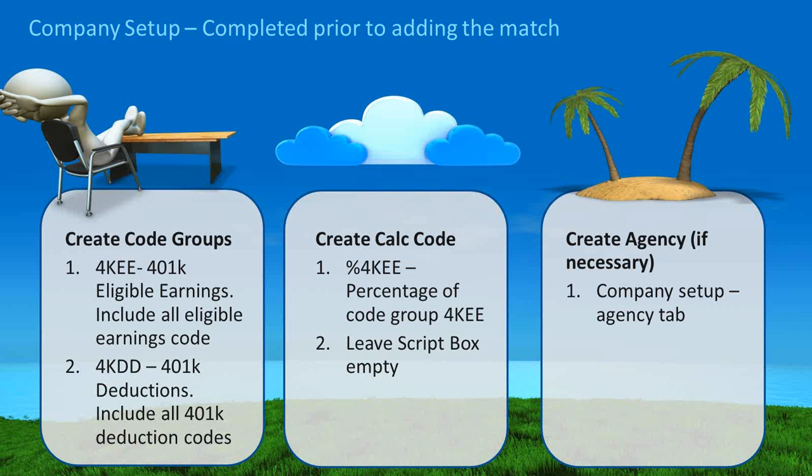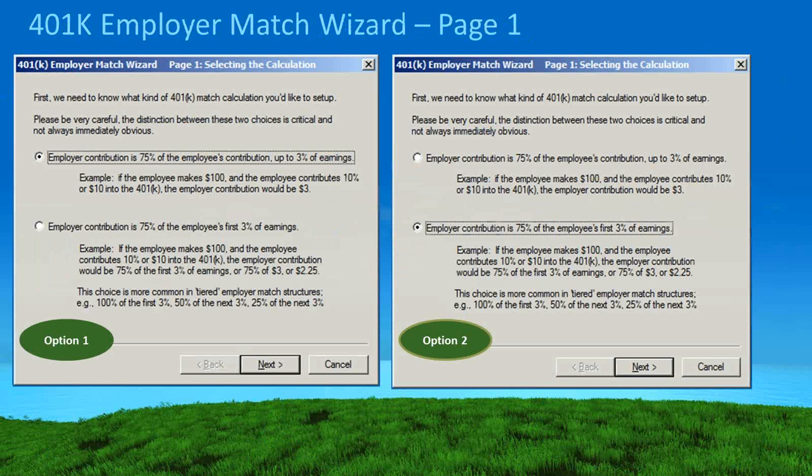As I babbled on before, I did talk about these items. Again, 4KEE for the eligible earnings, 4KDD for the deductions, a calc code set, and a company agency. So let's assume we're going to do the simple 401k wizard.